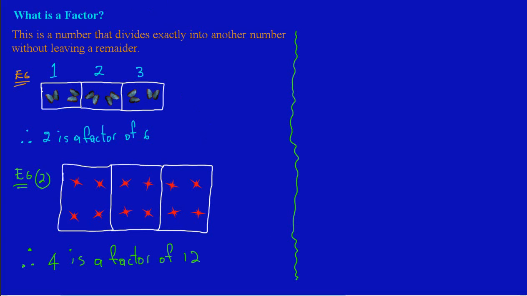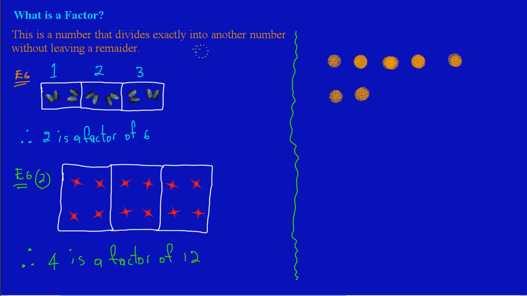Let's say I had 7 oranges: 1, 2, 3, 4, 5, 6, 7. And a friend of mine asked me if 3 is a factor of 7.